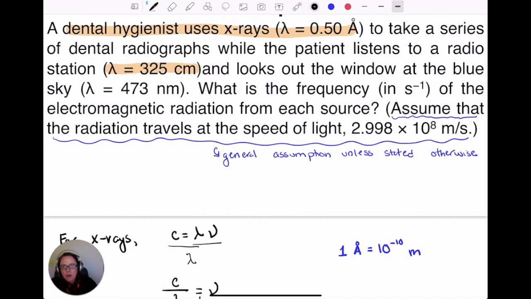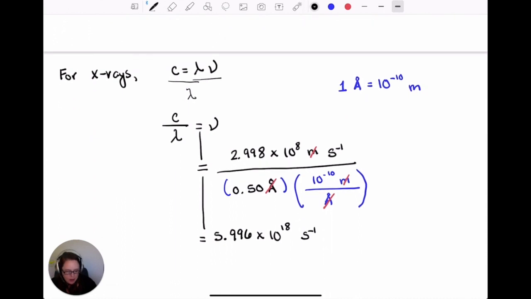The speed of light is not going to limit our precision because here we have 4 significant figures. And that's always a good practice. You really never want a fundamental constant you're using to limit the precision of your calculation. So we're really only limited by our wavelength, which has 2 sig figs.